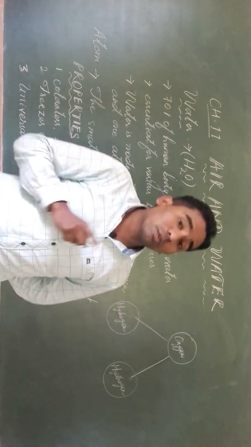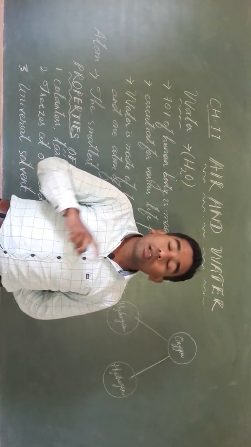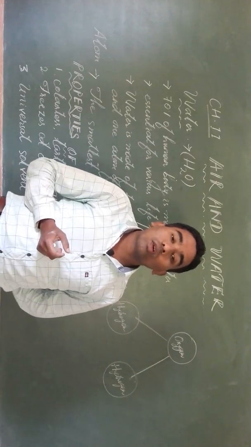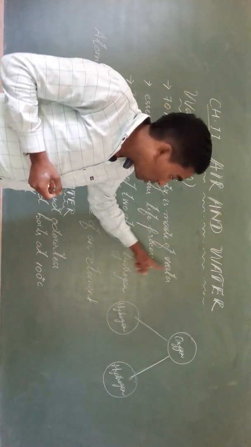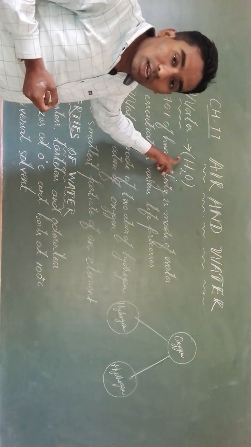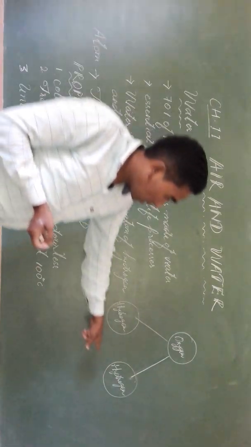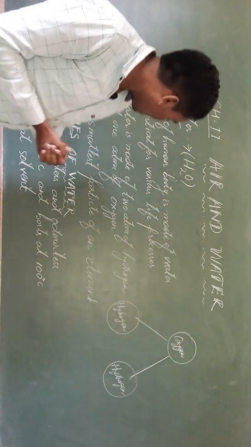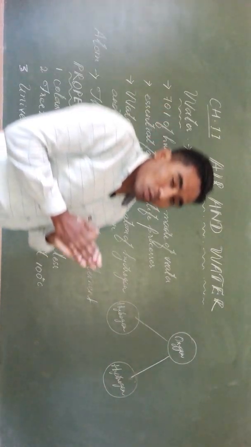So, for the nutrition process water is essential. For excretion also water is essential. Like this, for the various life processes, water is essential. And water is made up of two atoms of hydrogen and one atom of oxygen. So, come back to the topic properties of water.